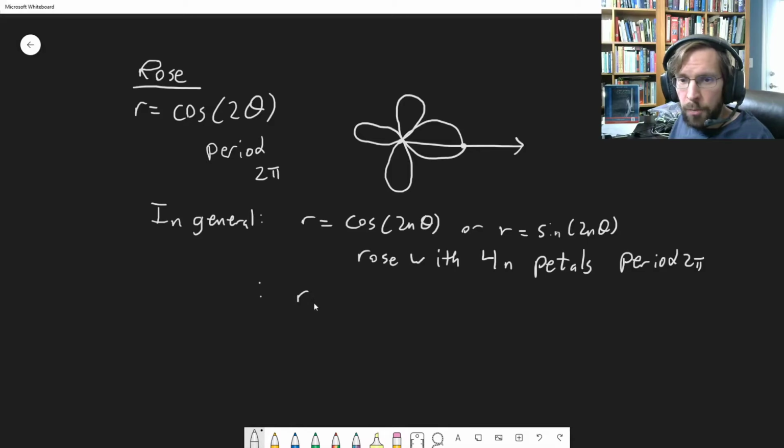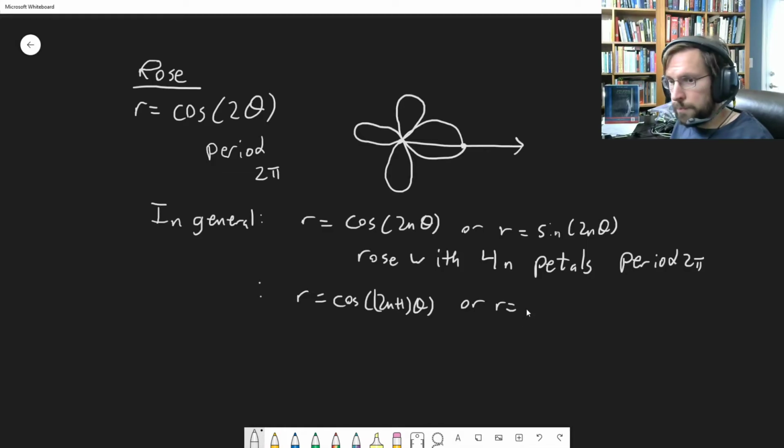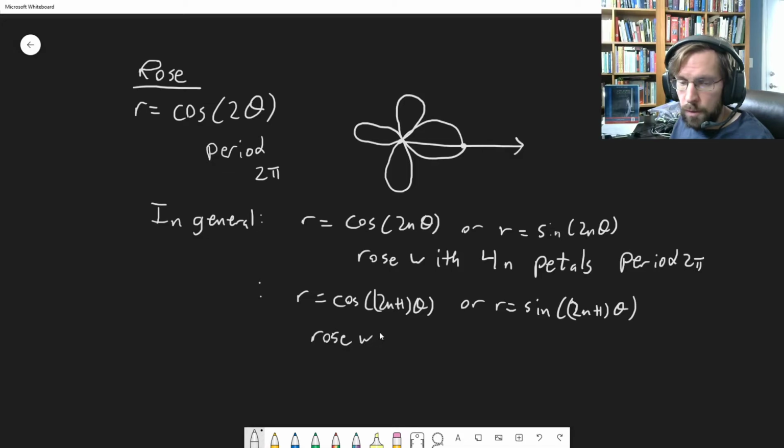However, if we have an odd multiple of theta instead, like this, we have a rose with 2m plus 1 petals.